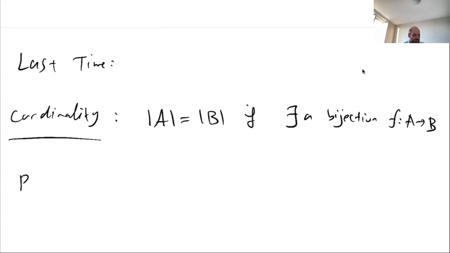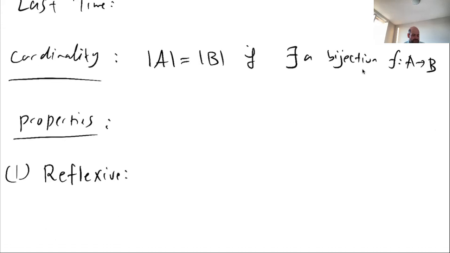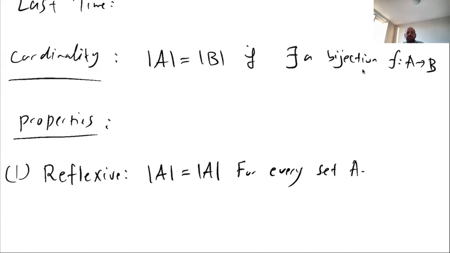Okay, now let's look at some properties of these cardinalities. So the first property is called the reflexive property, which states that cardinality A equals cardinality A for every set A. So later in this course, when we define relations, we will see that one important type of relation is called reflexive relation.